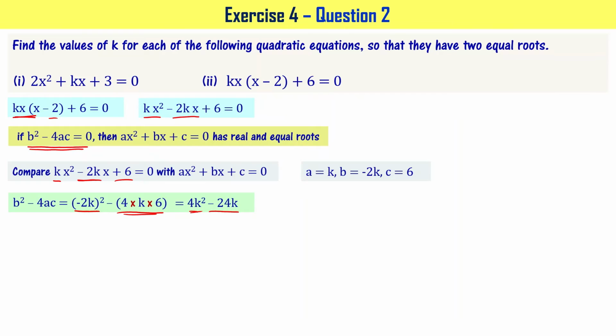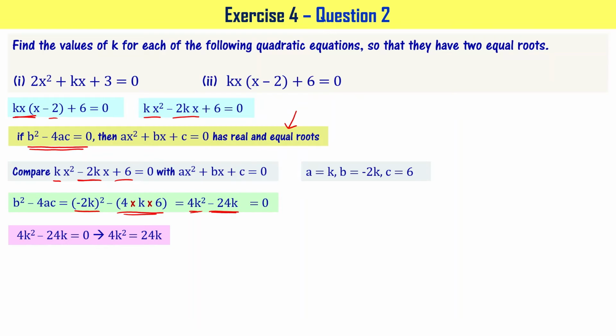That's why we have written it as minus 24k. This has to be equal to 0 for the equation to have equal roots, right? Now 4k square minus 24k equal to 0 is the equation we have to solve such that we can get the value of k, right?